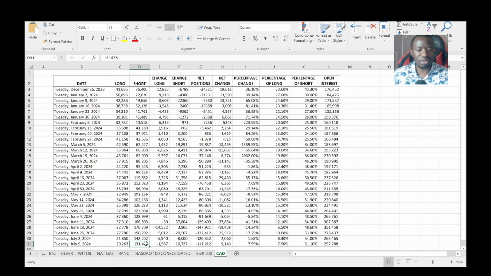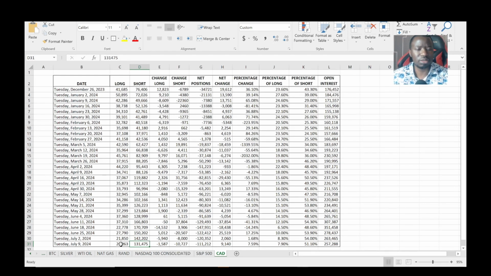So if they are taking 131,000 shorts, these are sell positions that are being held in the Canadian dollar against the US dollar. That means they are selling more of the CAD and inversely buying more of the US dollar, because the action taken on one, the reverse is taken on the other.